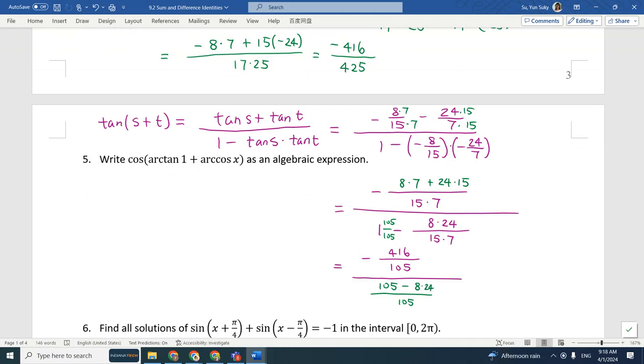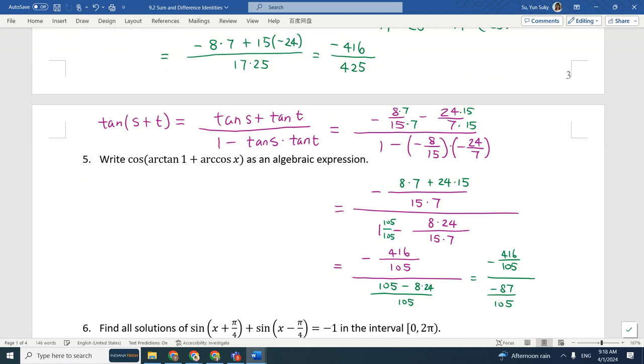What is 105 minus 8 times 24? Negative 87. Good. So we have this.